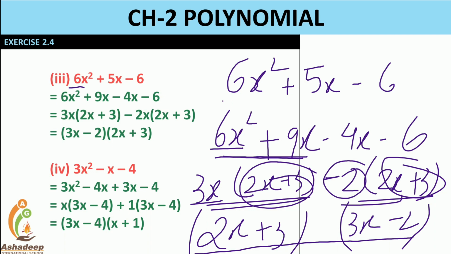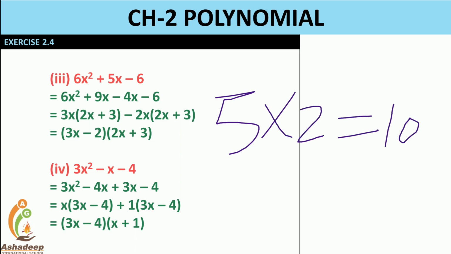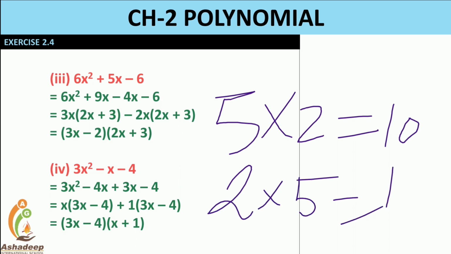Only the sequence is changed, and that is fine. If you do 5 twos, the answer is 10, and if you do 2 fives, the answer is 10. In multiplication or addition, sequence doesn't matter.